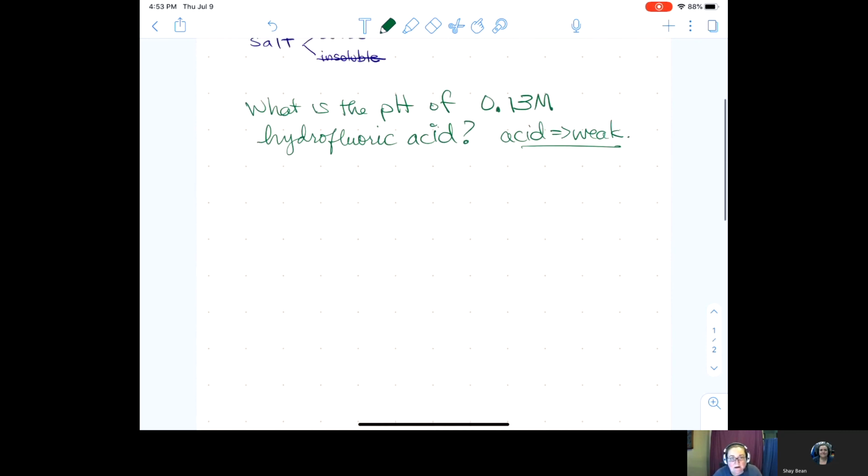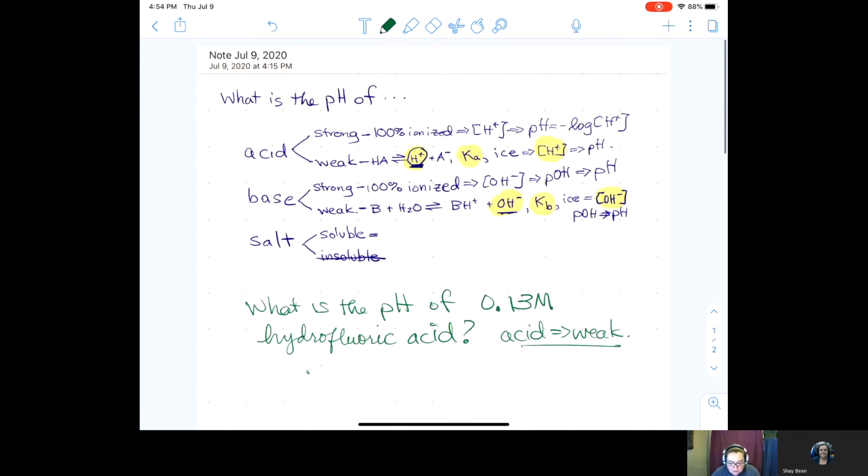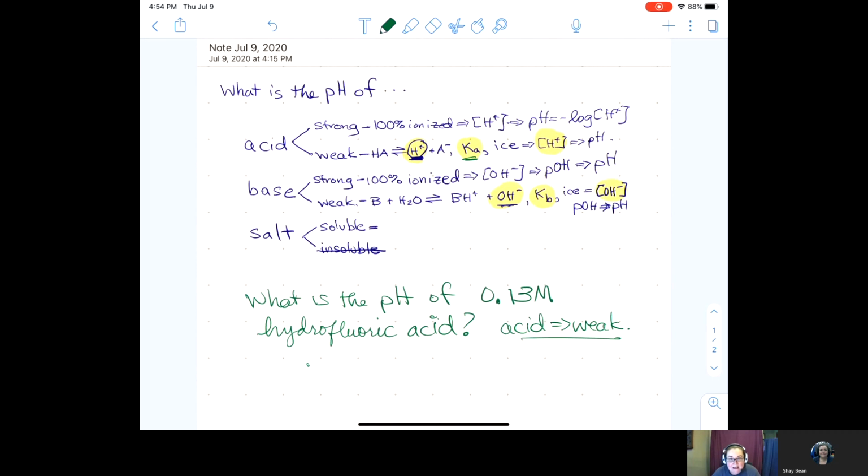I can look up the formula for hydrofluoric acid if I don't know it. Don't guess. Look it up. Where can I look it up? I can Google it, or I know from my flow chart I'm going to need a Ka value, so it should be in my tables of Ka values.